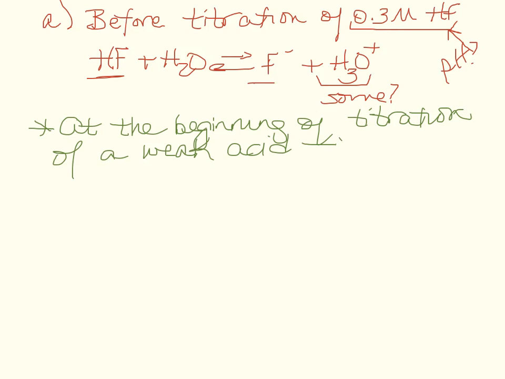And obviously to do an ICE table you need the Ka, and the problem did give us that. So let's go ahead and set up our ICE table for this weak acid in equilibrium.